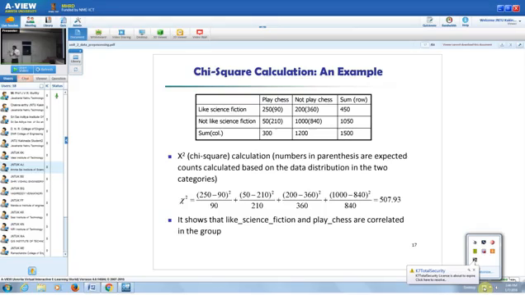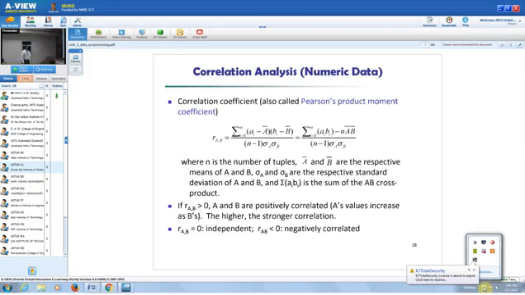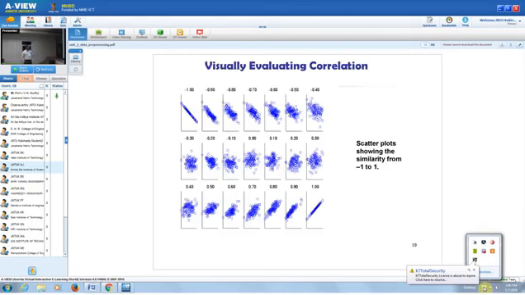But in the PPT it is just changed to who play chess and who do not play chess. Correlation analysis, yes, we have gone through this already. They are the standard deviations. The values for correlation are shown there.